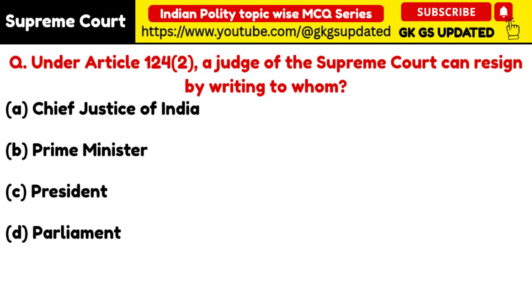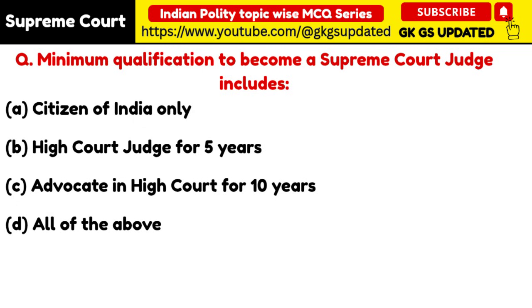Next question. Under Article 124 Clause 2, a judge of the Supreme Court can resign by writing to whom? Correct answer, President. Next question. Minimum qualification to become a Supreme Court judge includes? A. Citizen of India only. B. High Court judge for 5 years.